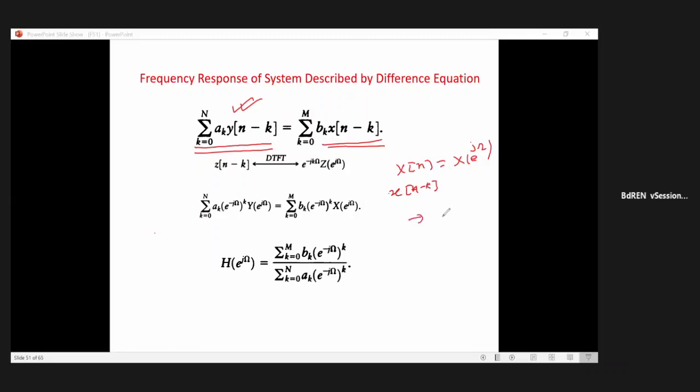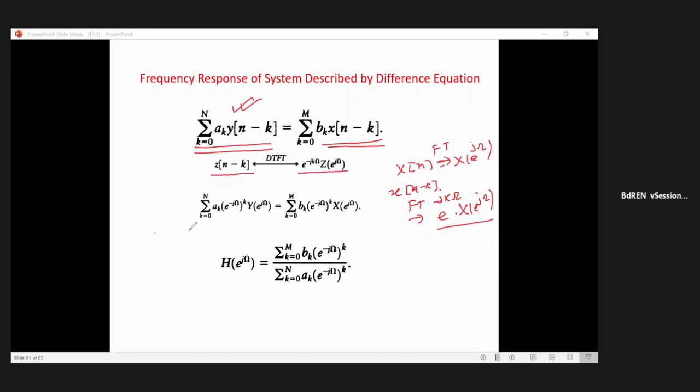It will be equal to e to the power minus jkΩ into X(e^jΩ), isn't it? The Fourier transform. So if we have a signal, say z, something like this, the Fourier transform of this signal will be equal to this.